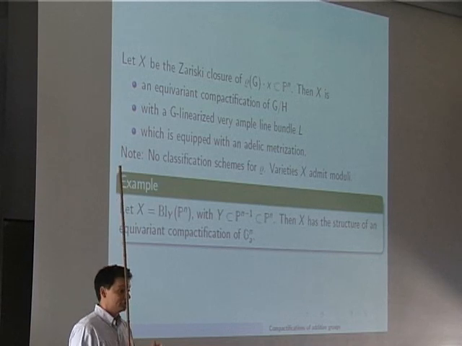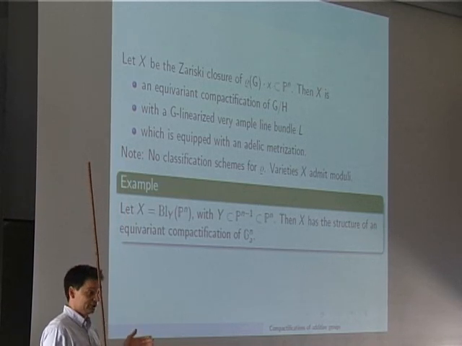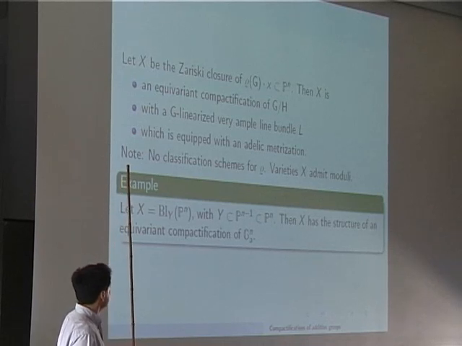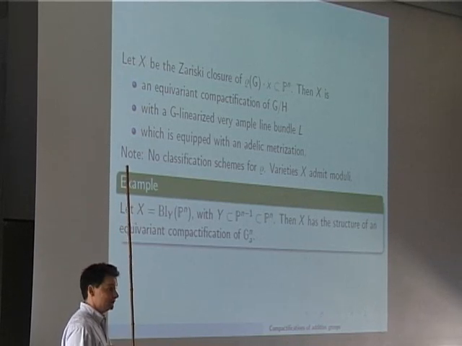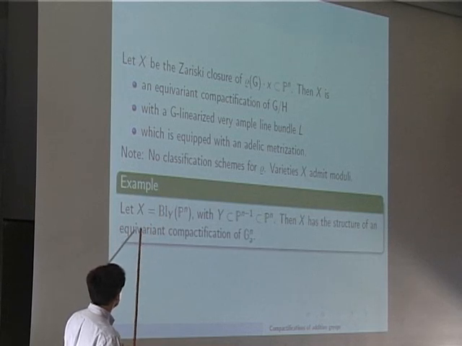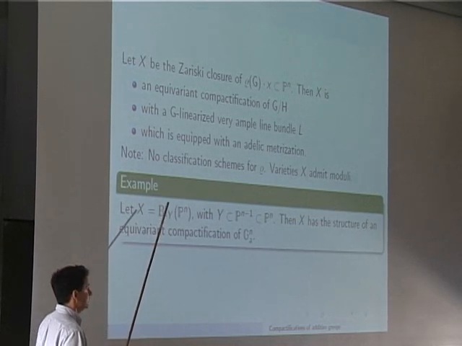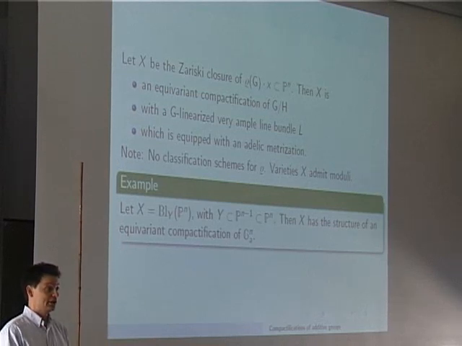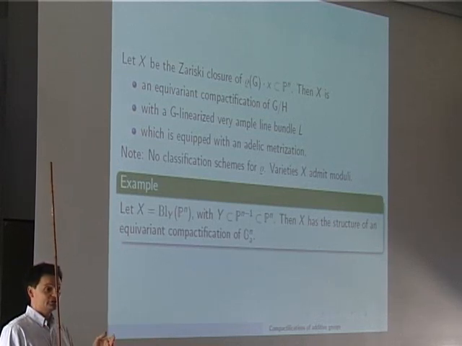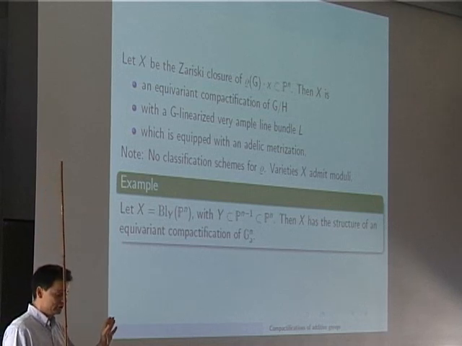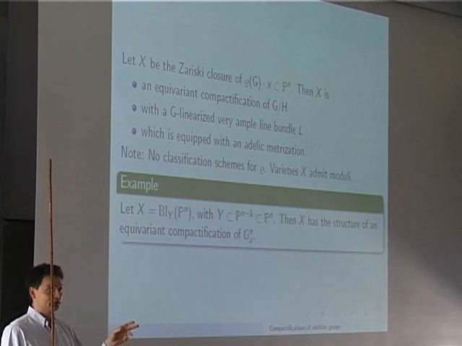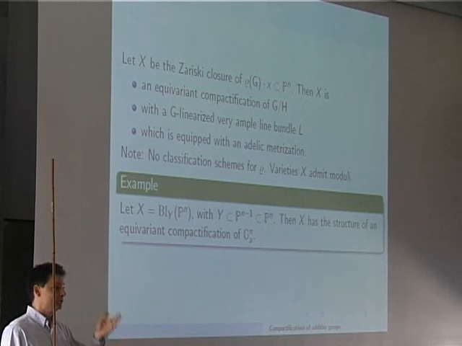It turns out that the standard action of G_a^n on P^n will extend to an action of G_a^n on this blow-up, and that's an example of an equivariant compactification of G_a^n. If you take G_a^2 in P^2, we have this line, P^1. Pick any number of points on that P^1 at infinity and blow them up.